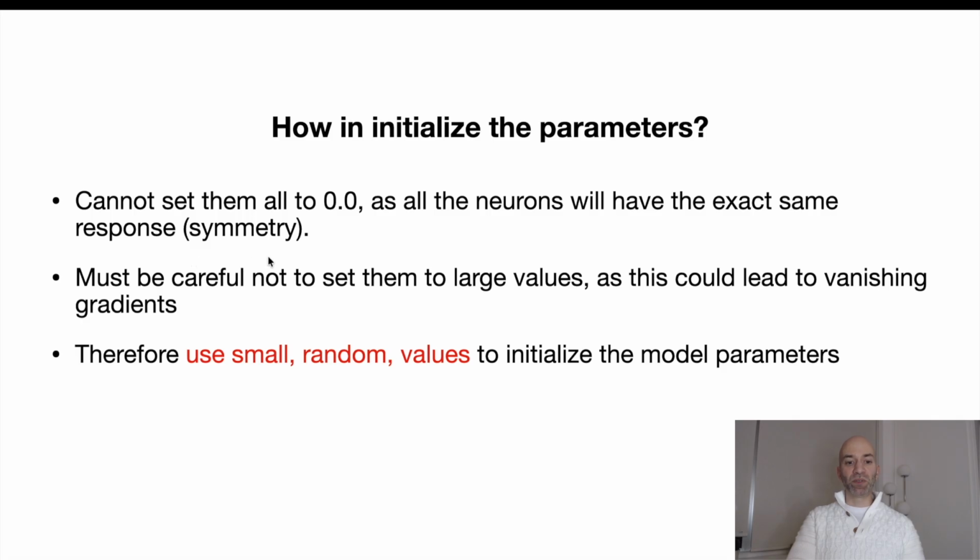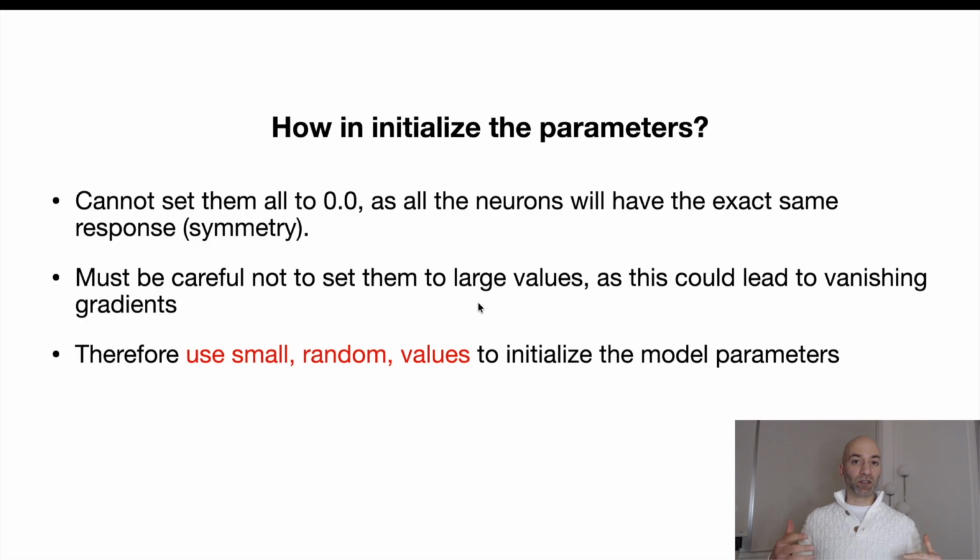The second issue is that these values for the weights and biases cannot be too big. And the reason is because many of the activation functions that we have, such as the sigmoid activation function, which is what we'll be using in this example, or the hyperbolic tan, are asymptotic, which means that for very large values, the functions actually plateau out.